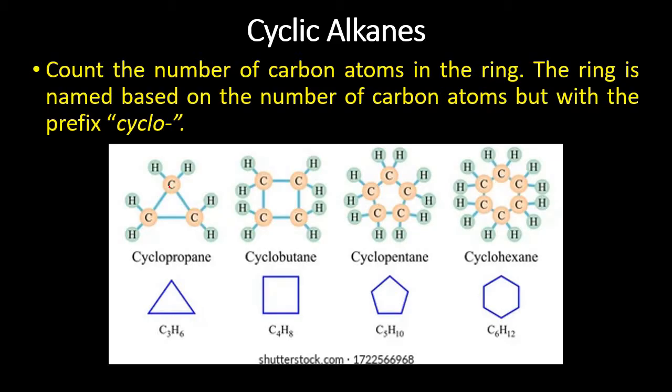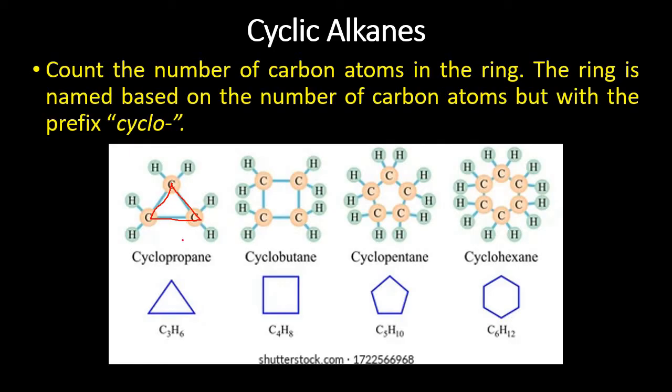For the first example, we have 1, 2, 3. There are 3 in our ring. This is the ring, although this is a triangle, we consider that as a ring because it's a closed structure. Okay, so there are 3 carbon atoms.